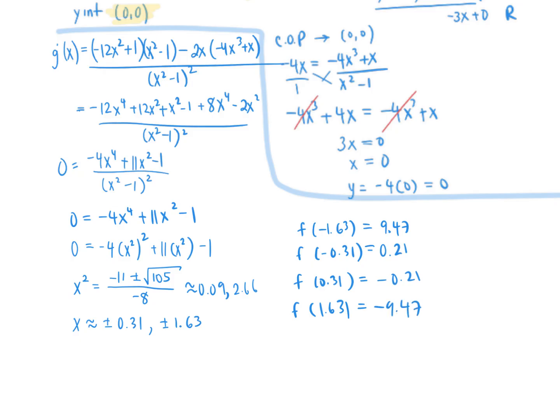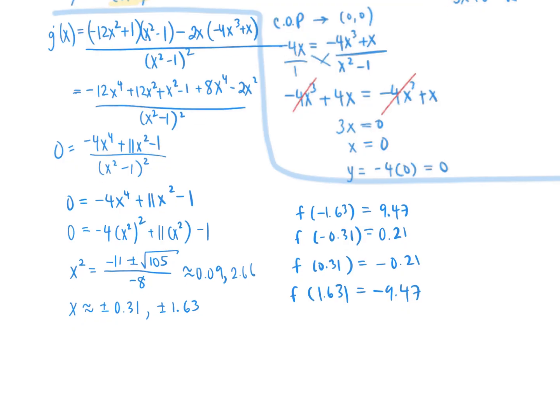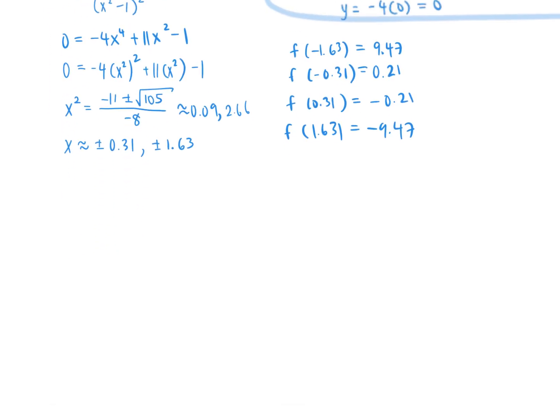And now it's time for our first derivative test to see if these are local max or mins and to get an idea for our intervals of increase and decrease. So it's going to be a big chart. I'm going to start from negative infinity. And remember, I also have to add my vertical asymptotes, which are at plus or minus 1.